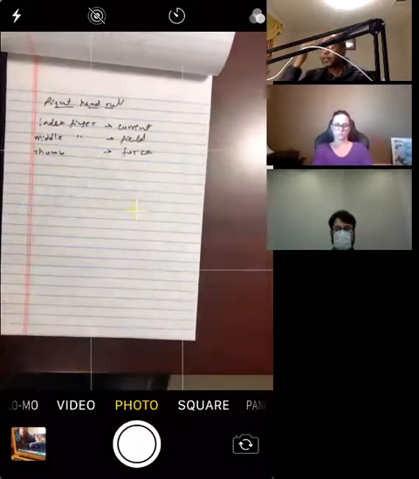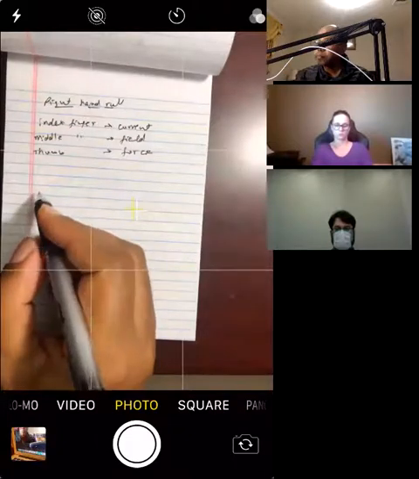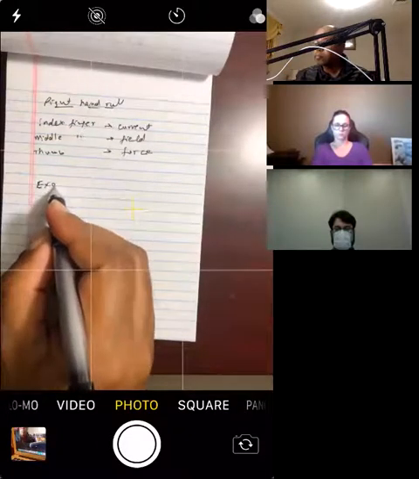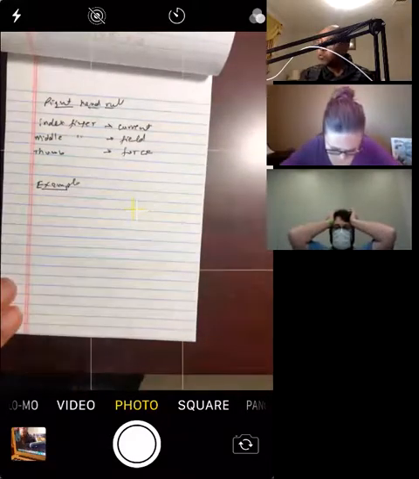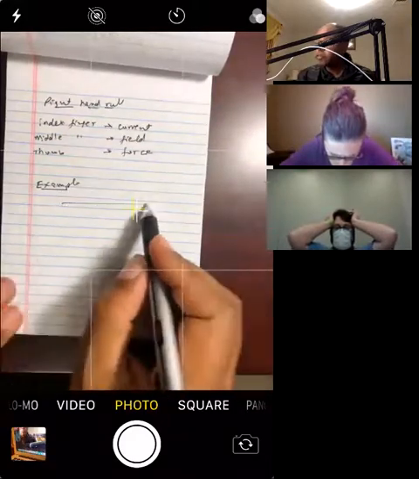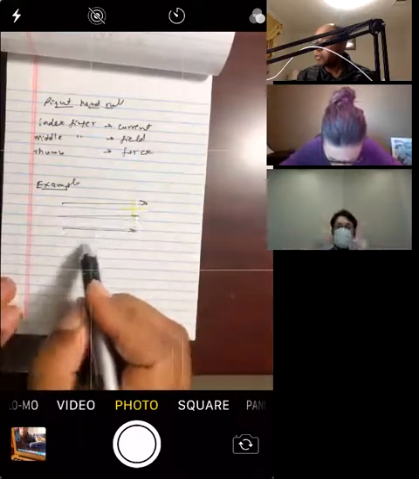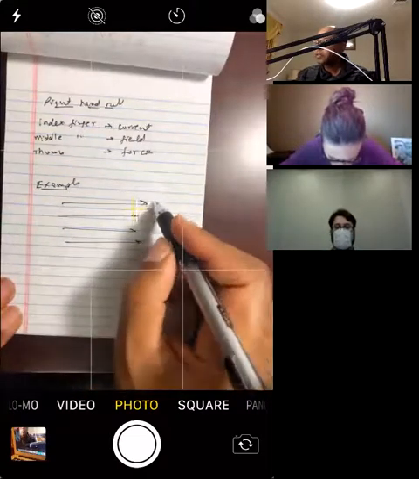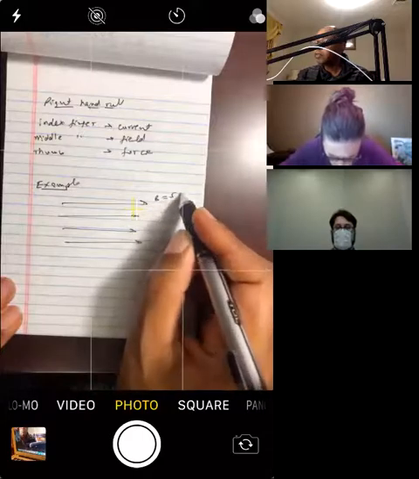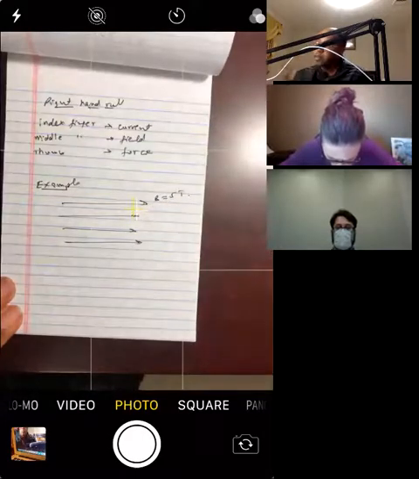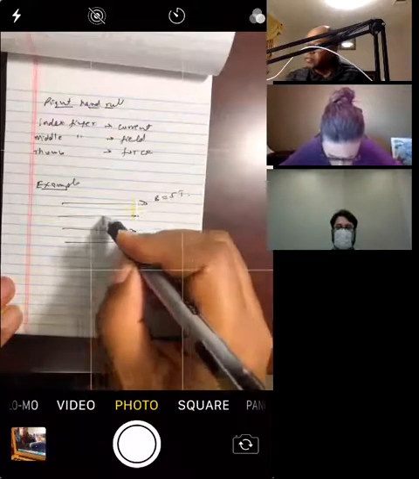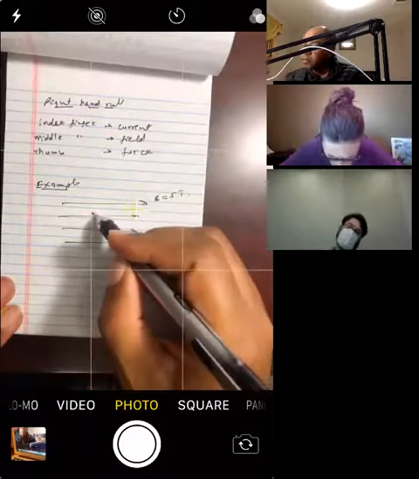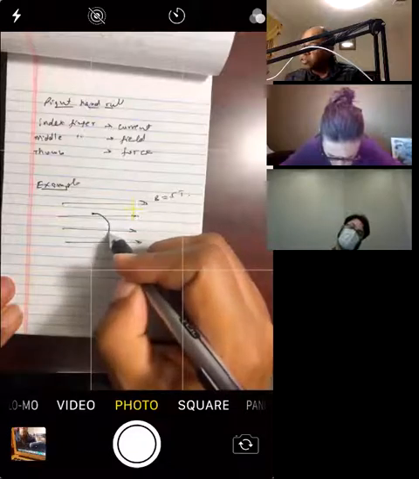Okay, now let's look at an example. Suppose we have the following field. Let's say the field is going like this, B equals maybe 5 Tesla. And then let's say we have this quarter of a circle like this.